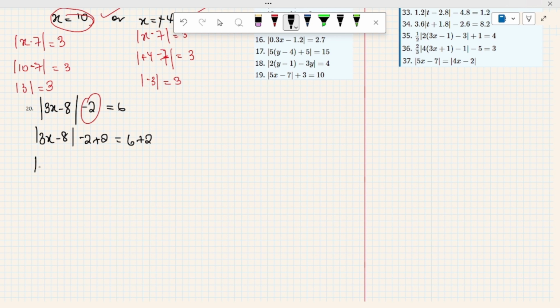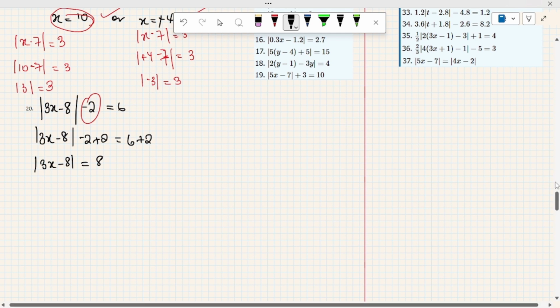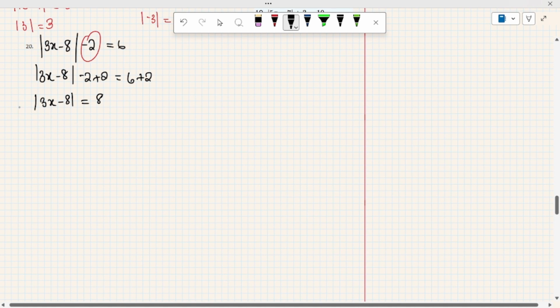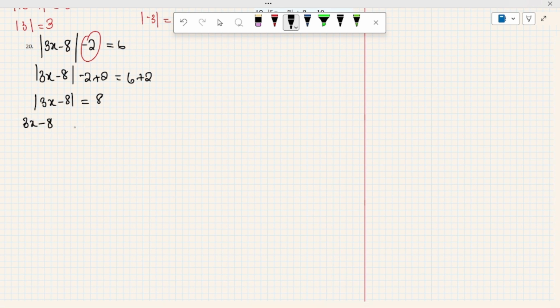So it's going to be the absolute value of 3x minus 8 is equal to 6 plus 2, which is 8, right? And then after solving this side, you're going to drop the bars. It's going to be 3x minus 8 is equal to 8, right?